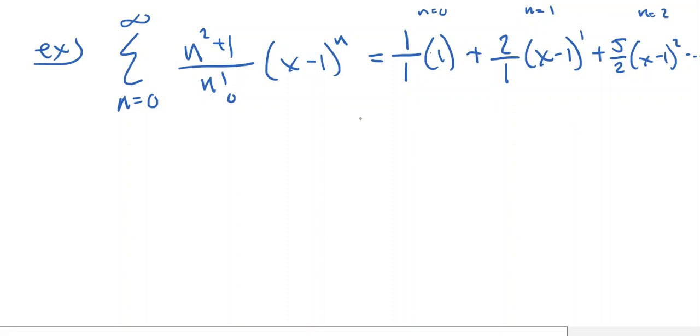And of course, we would clean this up a little bit. We would have 1 plus 2 times x minus 1 plus 5 halves times x minus 1 squared, dot, dot, dot.